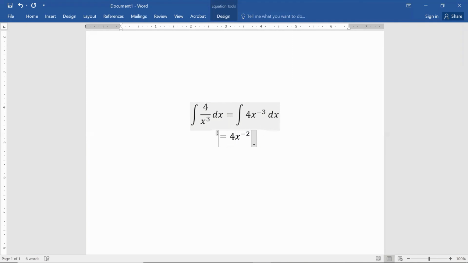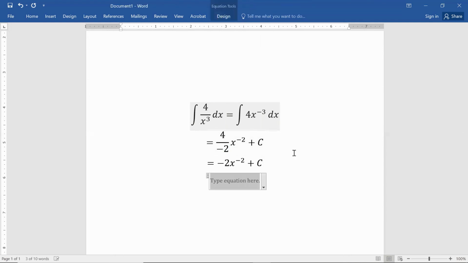And then I'm going to take the 4 and divide by that new coefficient. The new coefficient, the n plus 1, is negative 2. And then I'm going to add a plus c. If I want to clean this up a little bit, that is negative 2 x to the negative 2 plus c. Now this is the answer written with negative exponents.